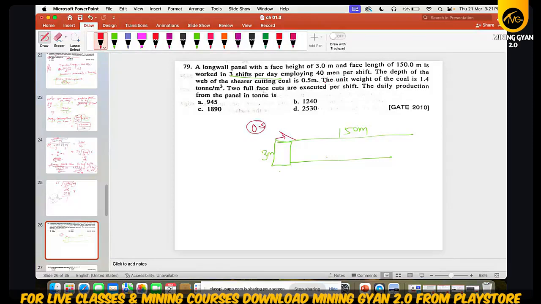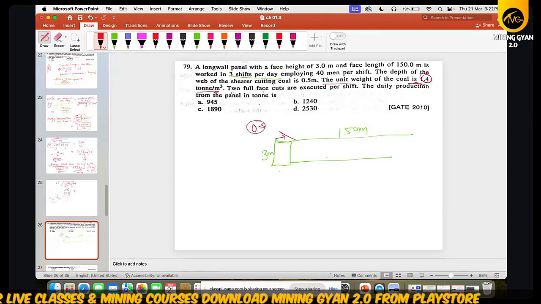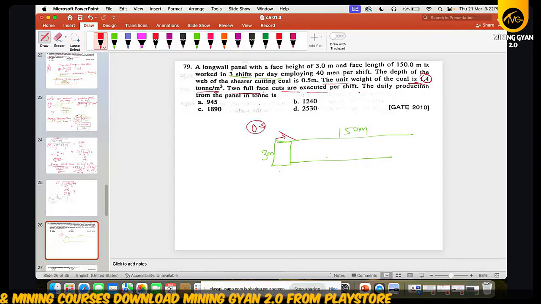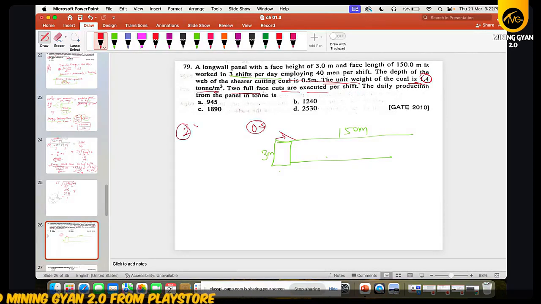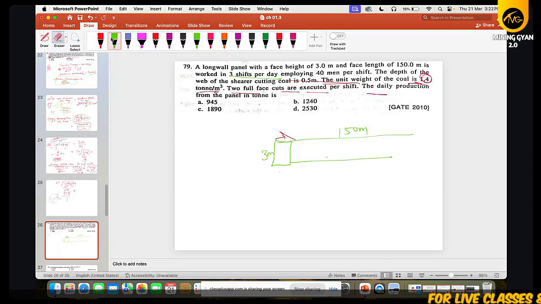And the unit weight of the coal is 1.4, density 1.4. 2 full face cuts are executed per shift. Per shift it is 2, we also know about it. And now we have to calculate the daily production. This is your question. Okay, we will start.